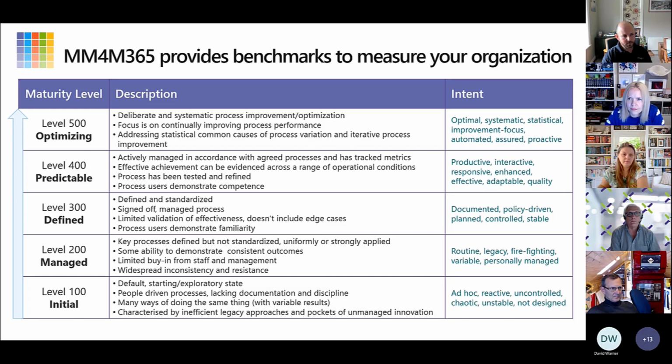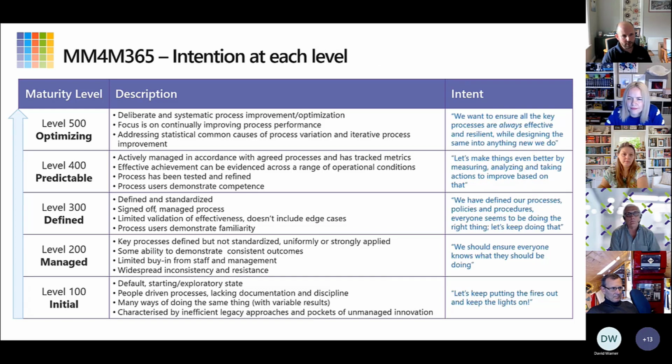The next one is kind of the same thing, but on the right we've got the intent. Taking each of those levels, what are we trying to achieve? Level 100, things are on fire, we're just trying to keep the lights on. Level 200, we're starting to realize we need to do things in a better way, so how do we do that?